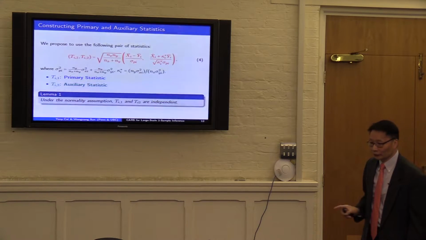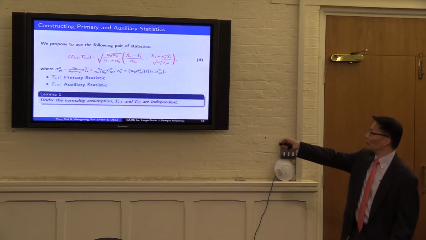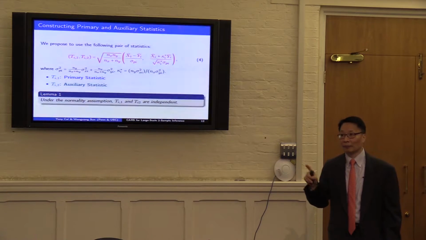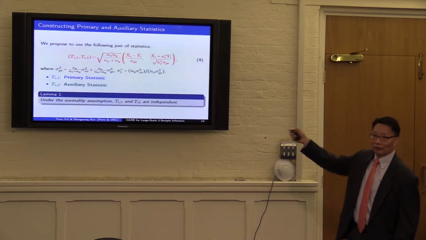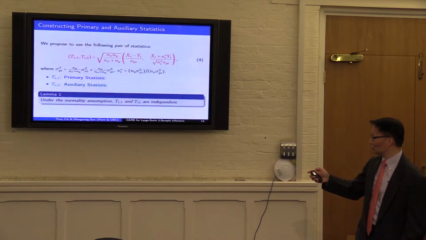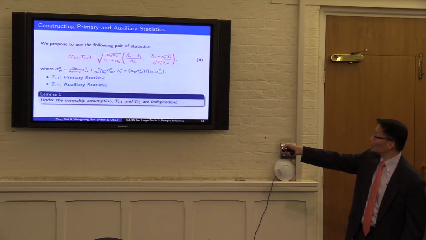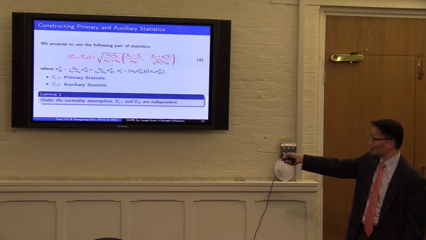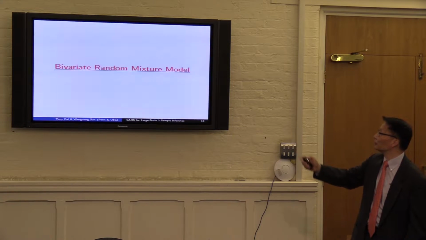And here, the normality assumption, as I will make a comment later, is not very important because everything is a function of the average, the sample average. So even if the original sample is not normal, the sample average by central limit theorem, they are very close to normal. Another thing is that here, this T1 is the primary statistic. That's what we used before. And T2 is auxiliary statistic that helps us to make inference about the original hypothesis.